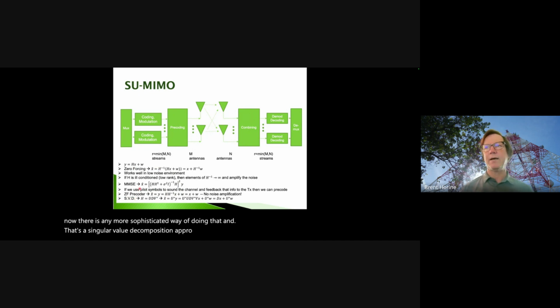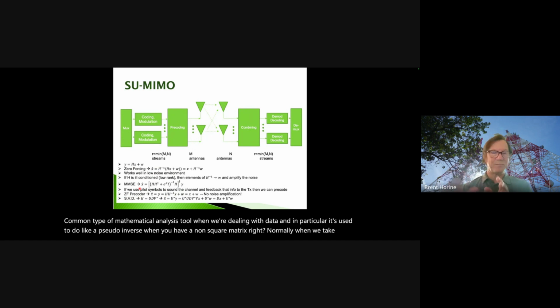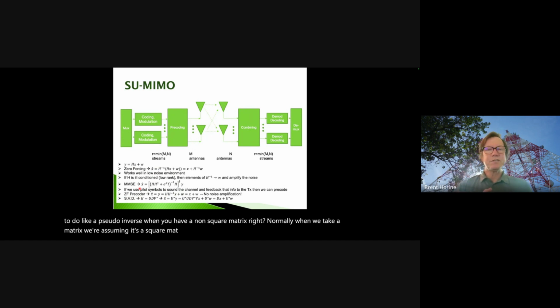SVD is a very common type of mathematical analysis tool when we're dealing with data, and in particular, it's used to do a pseudo inverse when you have a non-square matrix, right? Sometimes we actually have more data than we have variables.